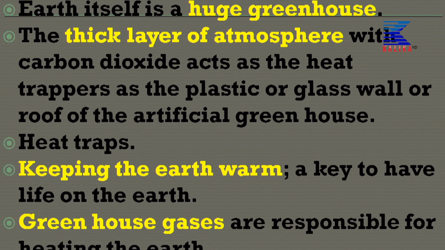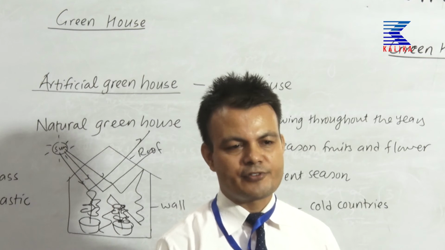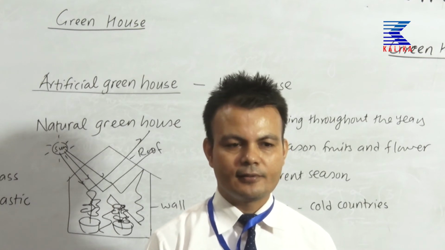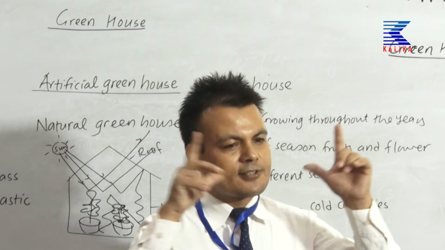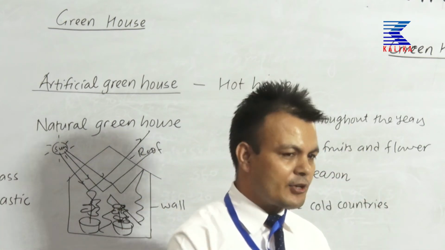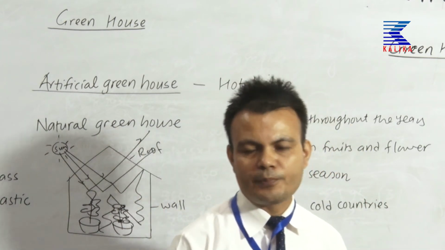Greenhouse effect means, what happens inside the greenhouse? It's hotter. That was made artificially by human beings. But actually, the earth itself is a greenhouse. It's a huge greenhouse, the big one.